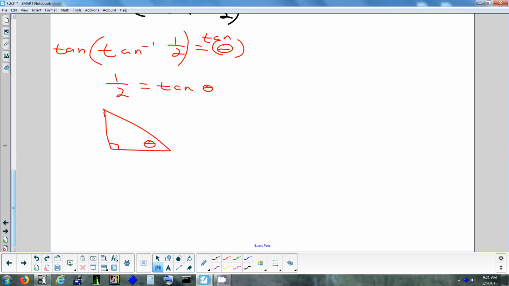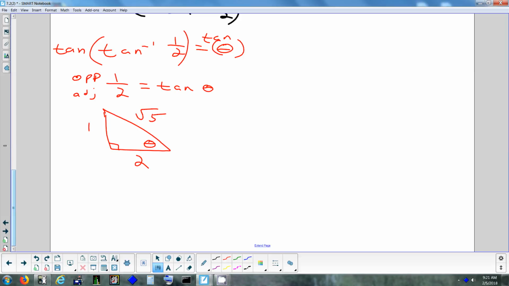Opposite over adjacent. So how long would you make the opposite side? 1. And then adjacent? 2. There you go. And now using Pythagorean Theorem, we could get our hypotenuse. What's the hypotenuse here as a square root? Square root of 5.